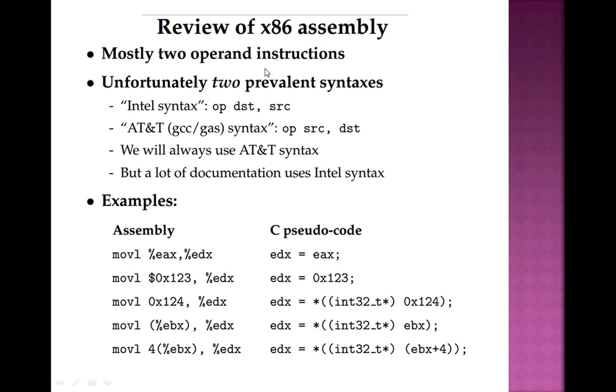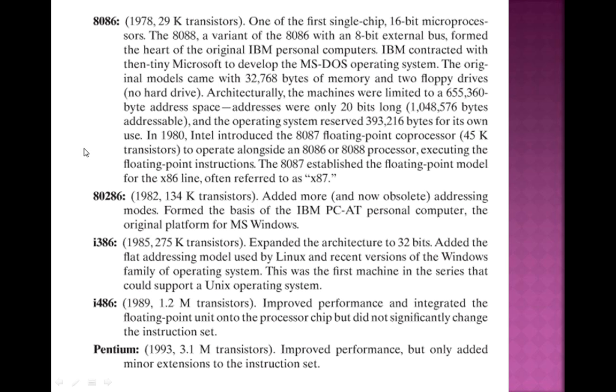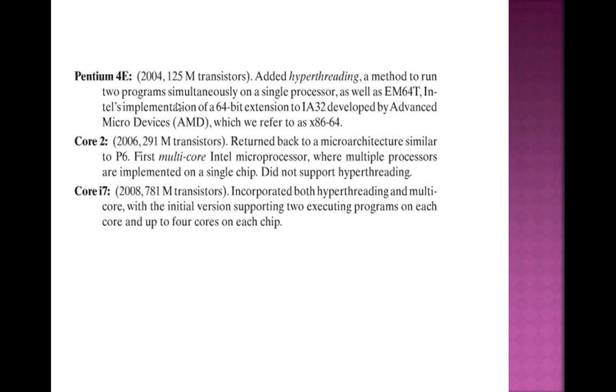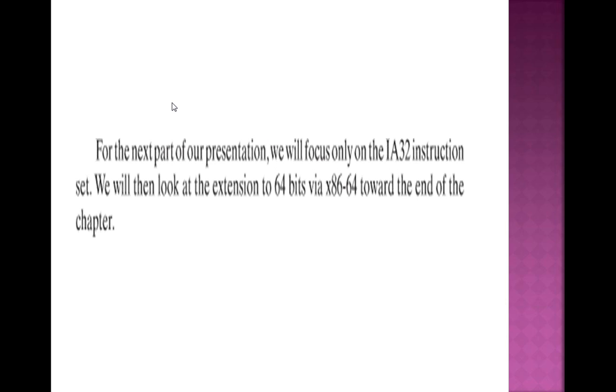So this is how we can use x86-64 assembly. These are the multiple histories which I told you about in the last class before the break. For the next part of the presentation, we will focus only on the IA32 instruction set.